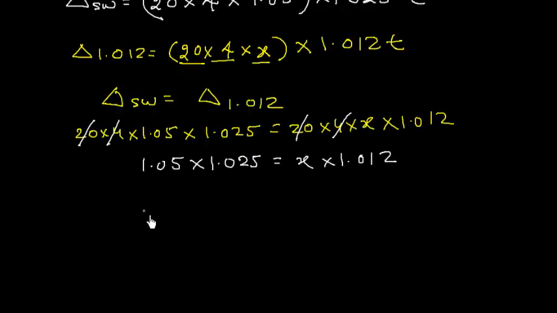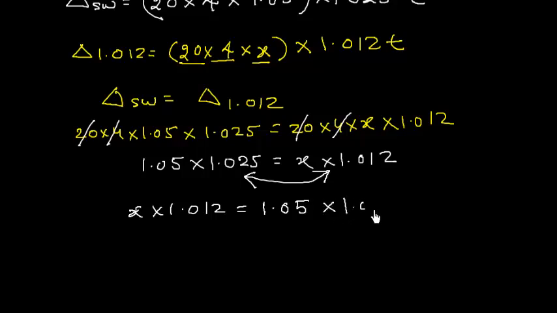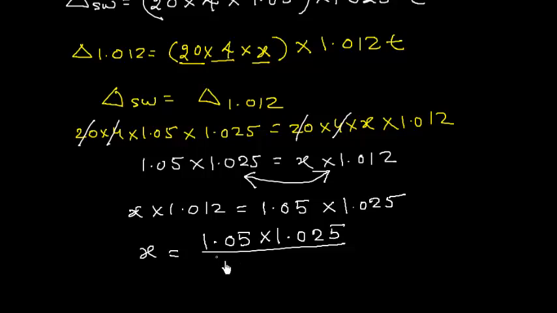Or we can find the value of x. I'm just reversing the equation, bringing the left hand side to the right hand side, and I write it like this, 1.05 into 1.025, or simply x is equal to 1.05 into 1.025 divided by 1.012.